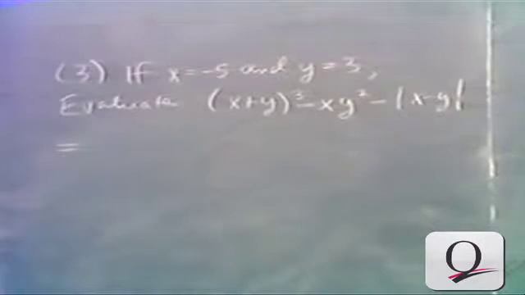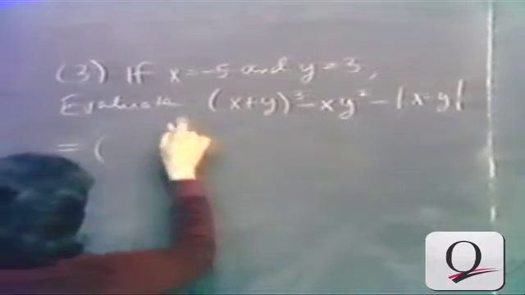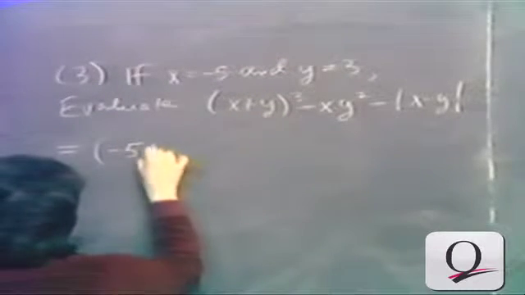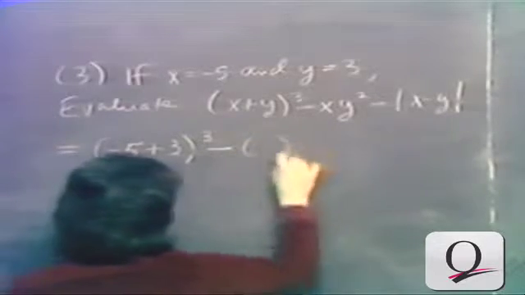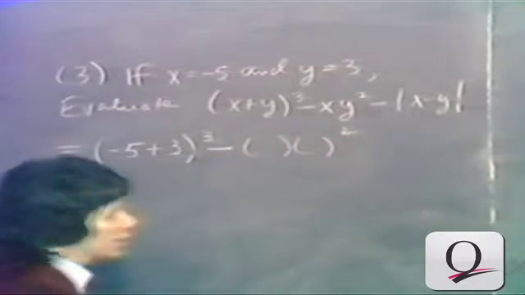Okay, let's see what we get. (x plus y) cubed. That's (-5 plus 3) cubed. Take away x times y squared.